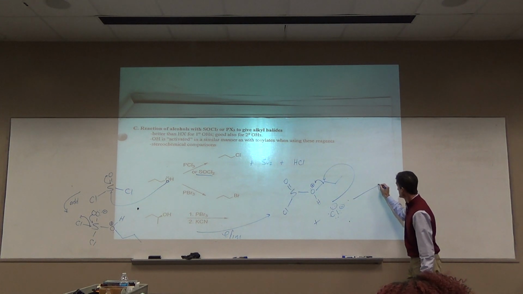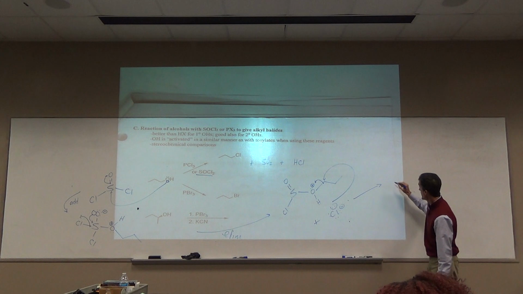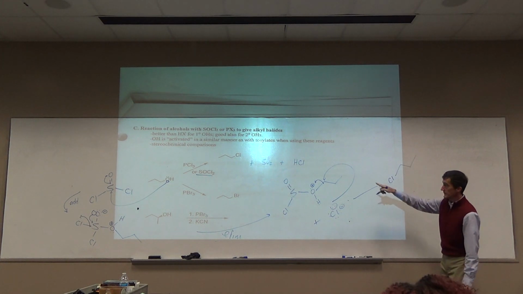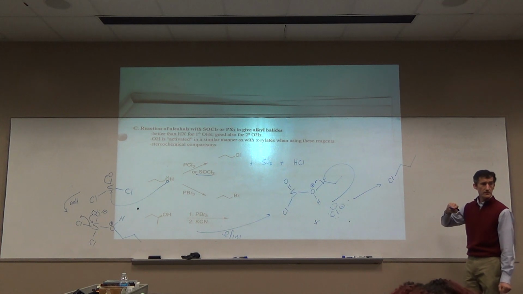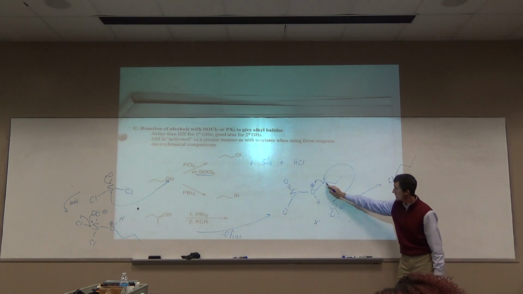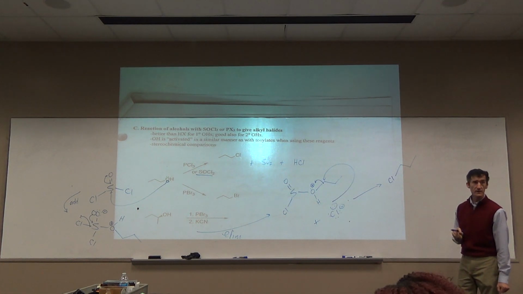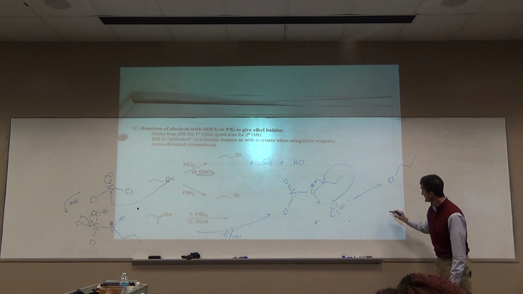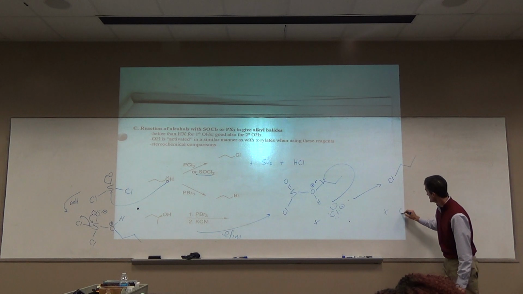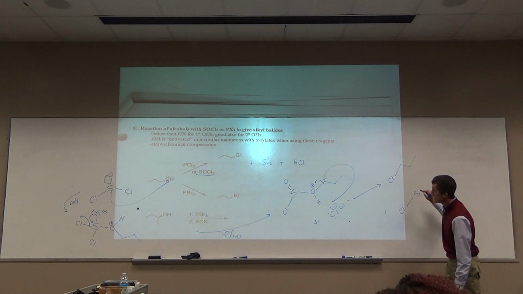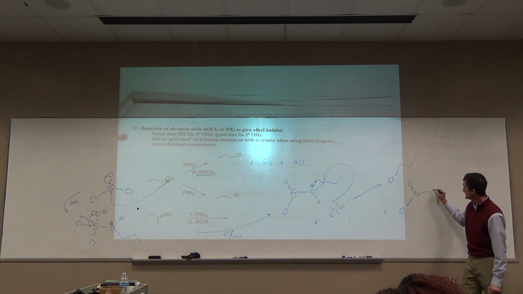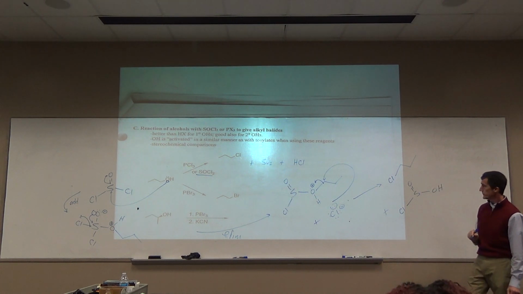And that gives what? Well, it gives our product. You can draw an arrow over there. Chlorine's now bonded to this carbon. That's our organic product. Plus what? Plus that.